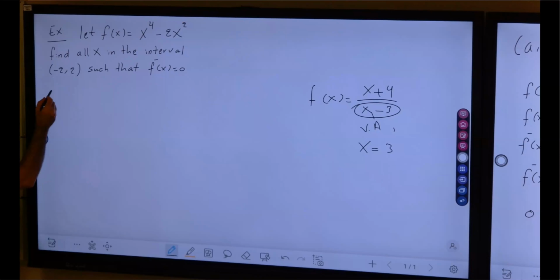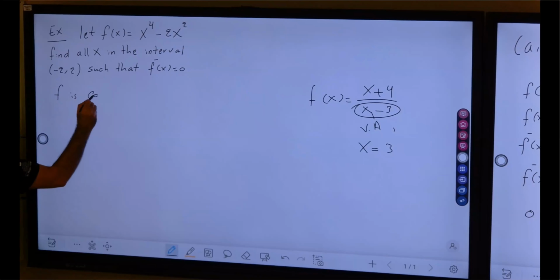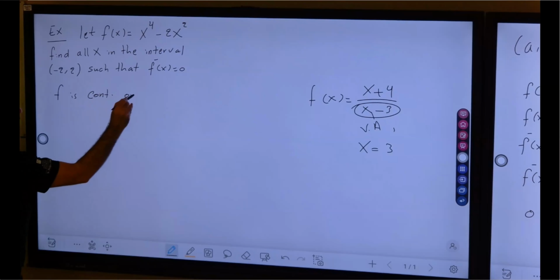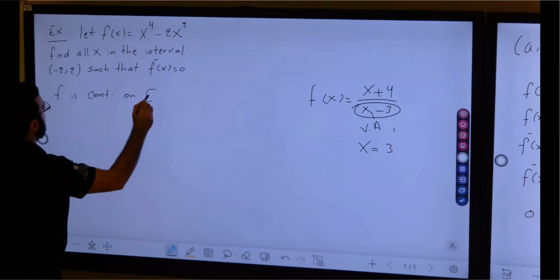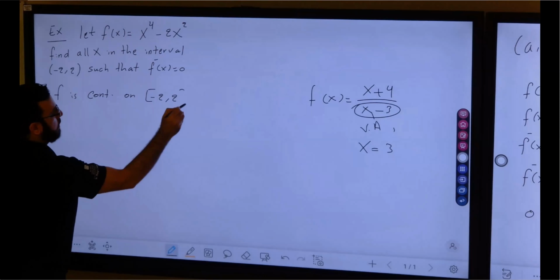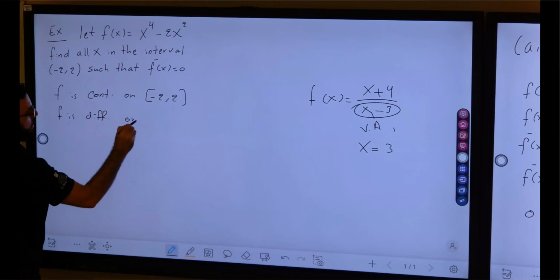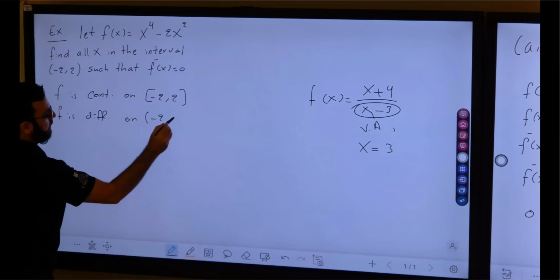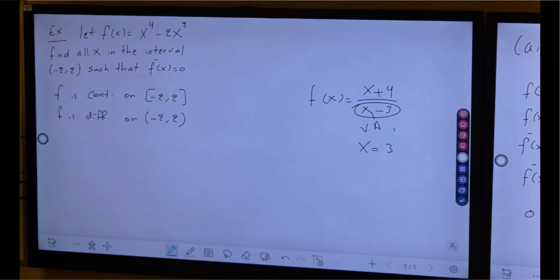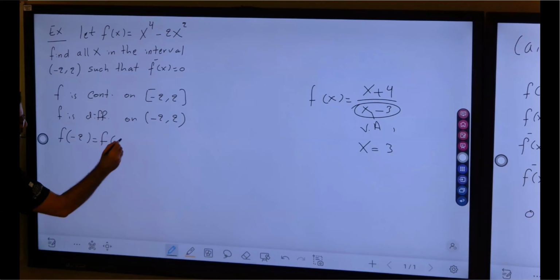So the first two conditions, you can say, okay, f is continuous on the closed interval -2 and 2, and f is differentiable on the open interval. Now, the third condition, we need to prove f of -2 equals f of 2.